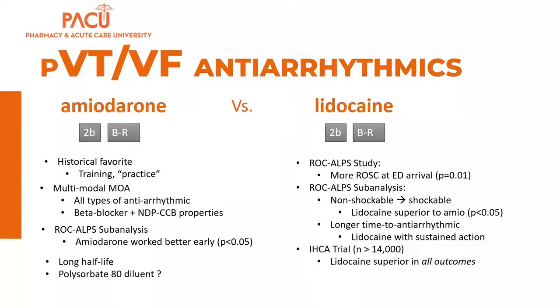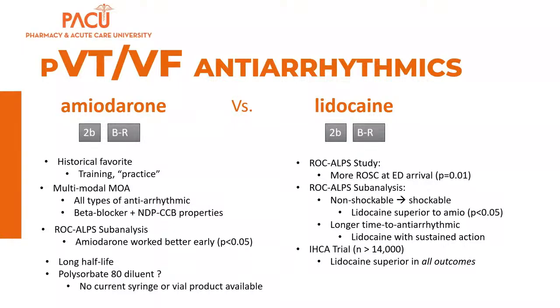It was pretty impressive. Amiodarone has a long half-life, and it's got this problematic diluent. It's controversial. Polysorbate 80 is shown in animal studies to be what causes hypotension during infusion. It may cause bradycardia also. So it depends on how you feel about polysorbate 80, but it is certain that there is no current syringe or vial product available.